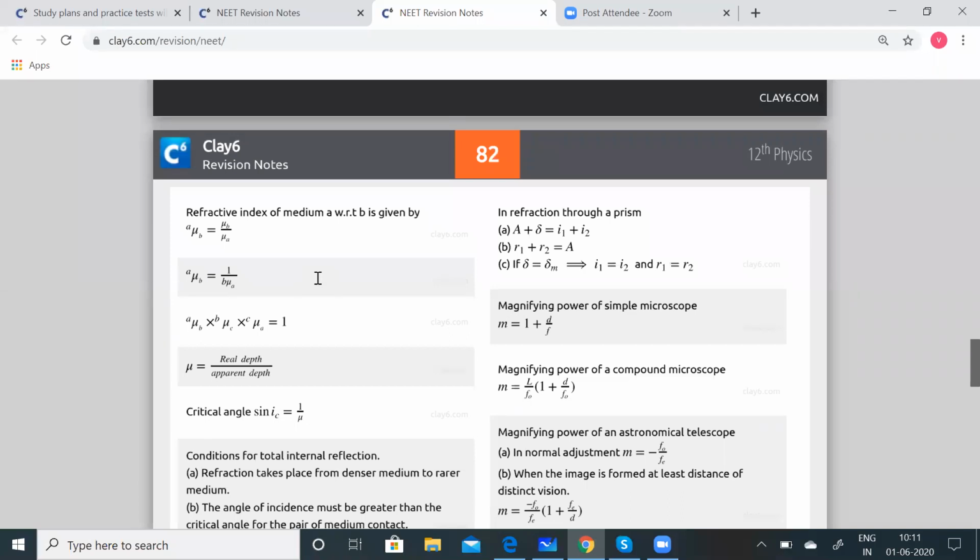R1 and R2 are the refracting angles, and R1 plus R2 is equal to A.